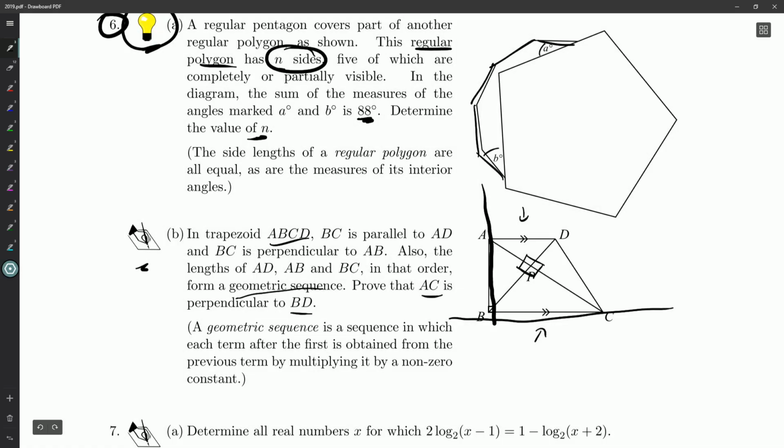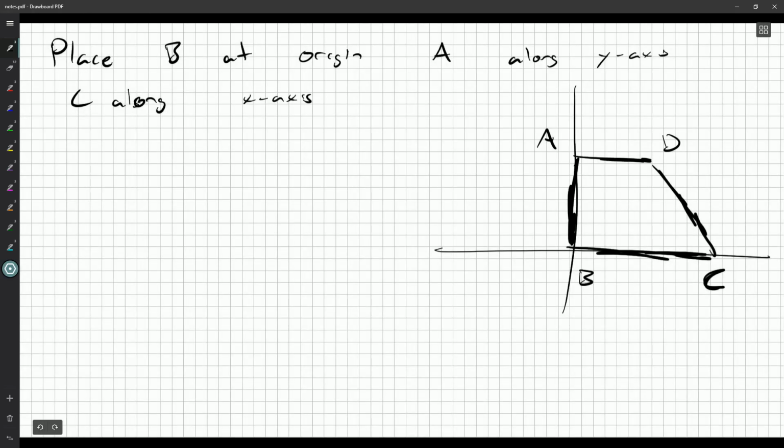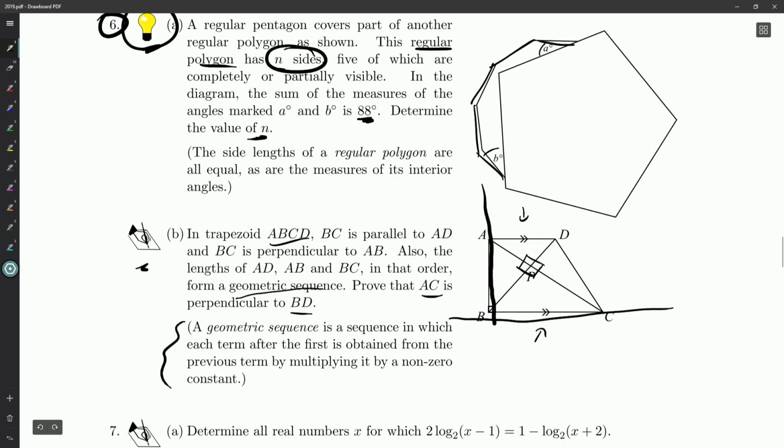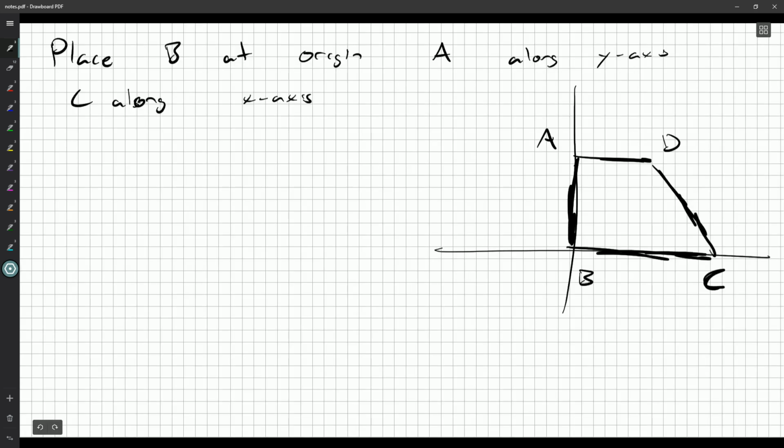Right? Yes. Okay. And then they told us we've got a geometric sequence. Now, the way geometric sequences work, and if you're not familiar with them, they do bother to explain it down here. Basically, you start with one term, typically called A. Then you get every other term afterwards by multiplying by a common ratio, typically called R. So if A is the first term, the next term would be AR.